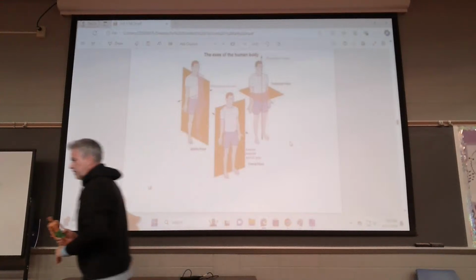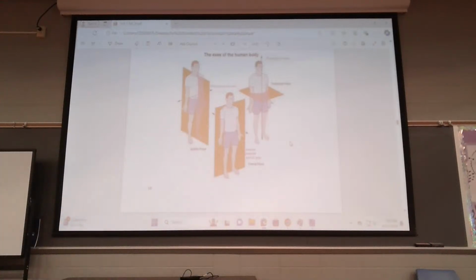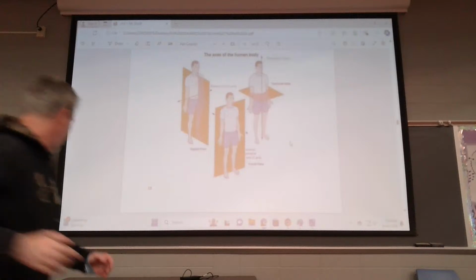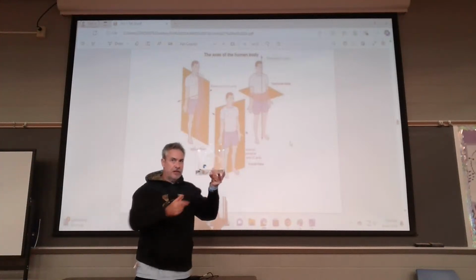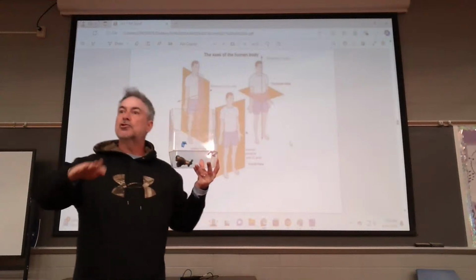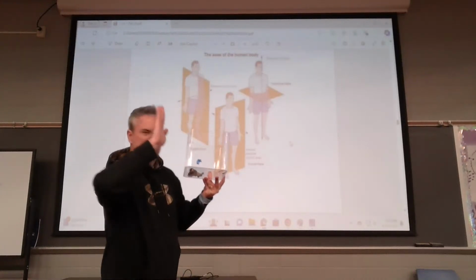If I shifted the table across, a lot of people may say, well, that's transverse. And I'd be like, well, why didn't you say it's frontal? It's moving just as much in that frontal slice as in a cross slice. And if I shifted this forward and you say, oh, that's sagittal, it's moving in that slice of space.